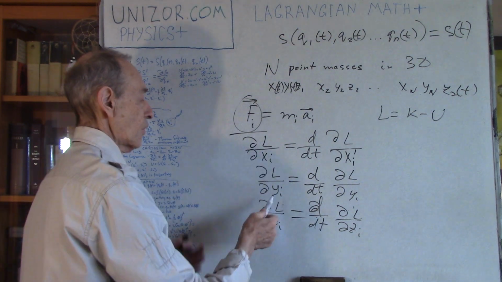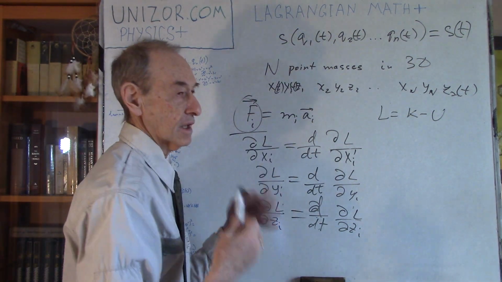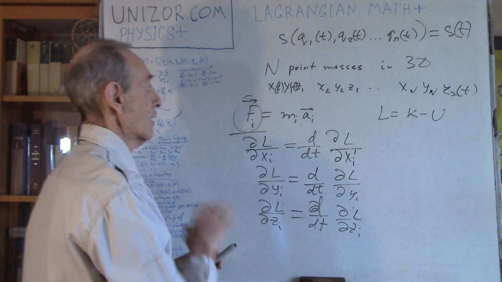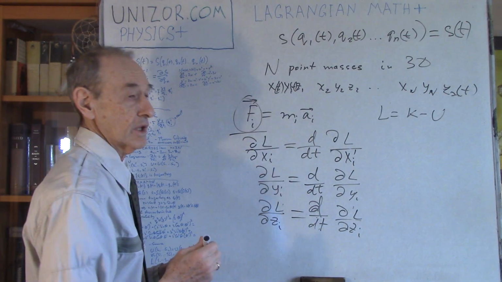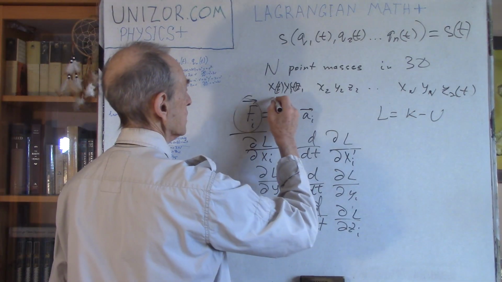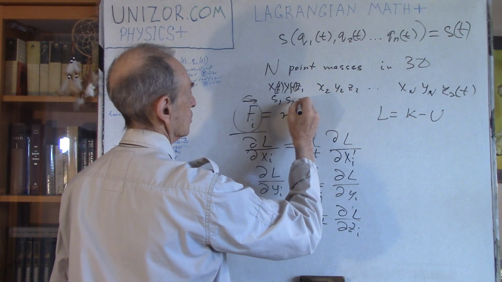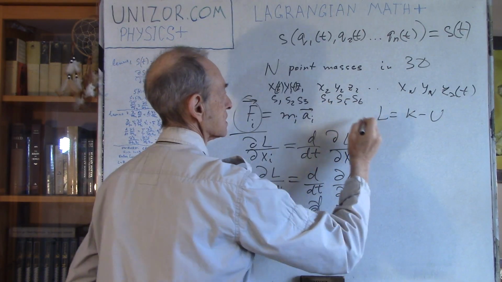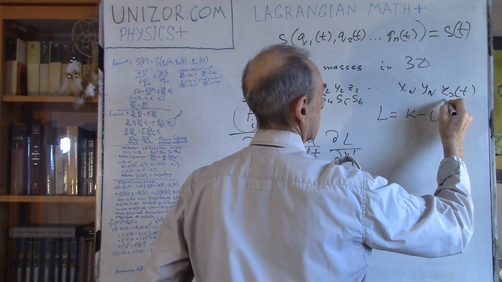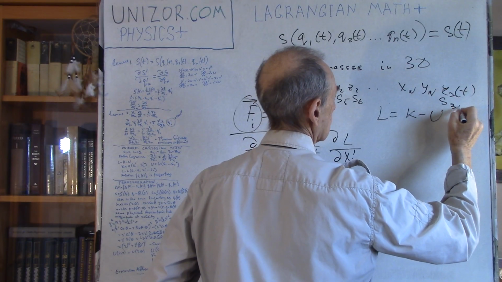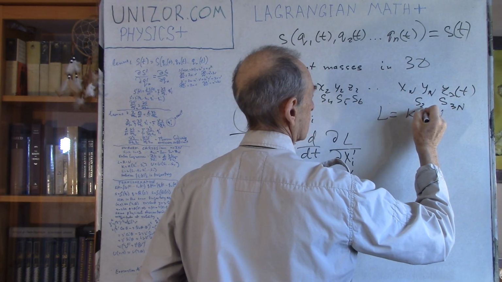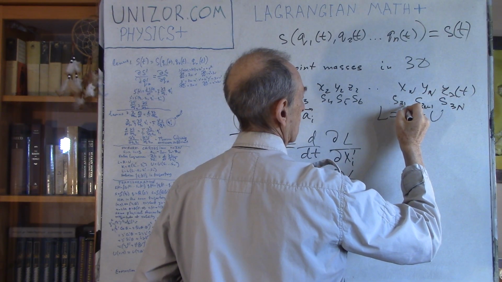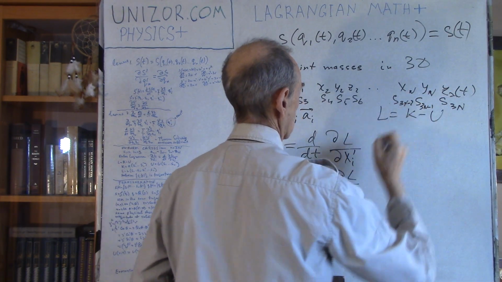Now, what's the problem with this? I have x and y and z, and for each I have three different equations. Now, what I'm doing is purely cosmetic. I call this S1, S2, S3, S4, S5, S6. This would be S3n, this would be S3n minus 1, and S3n minus 2.